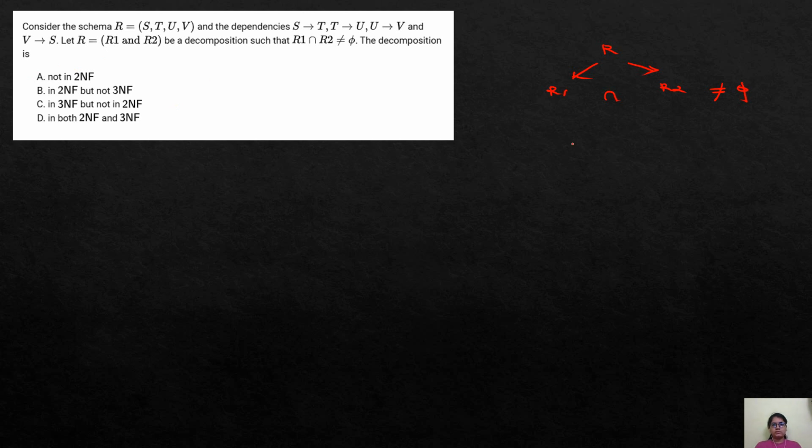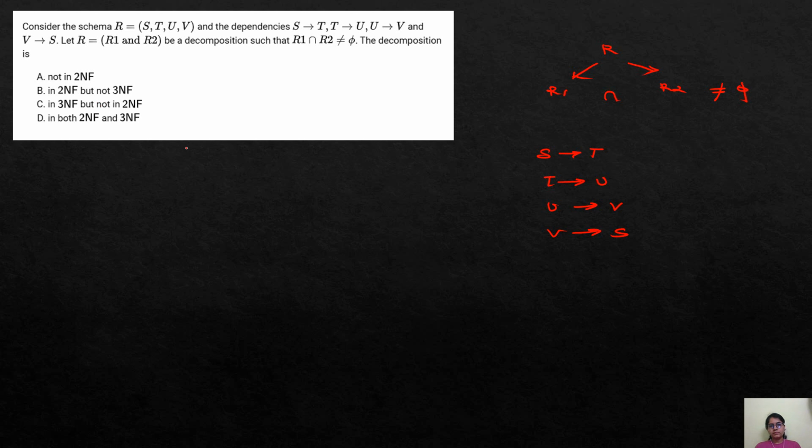Okay, so let's check via the dependencies. S determines T, T determines U, U determines V, V determines S. For this, let's find the candidate key first.